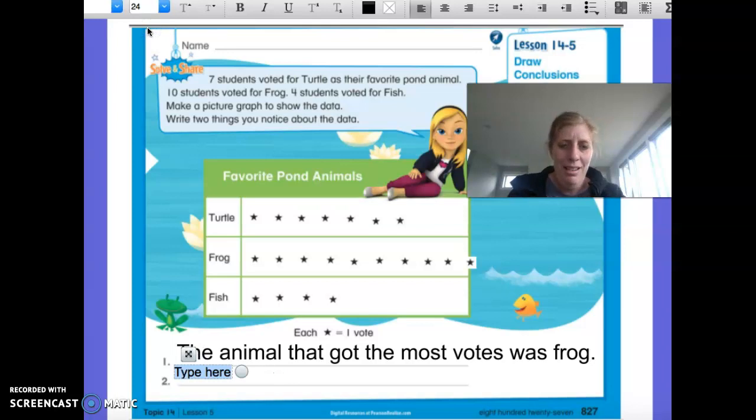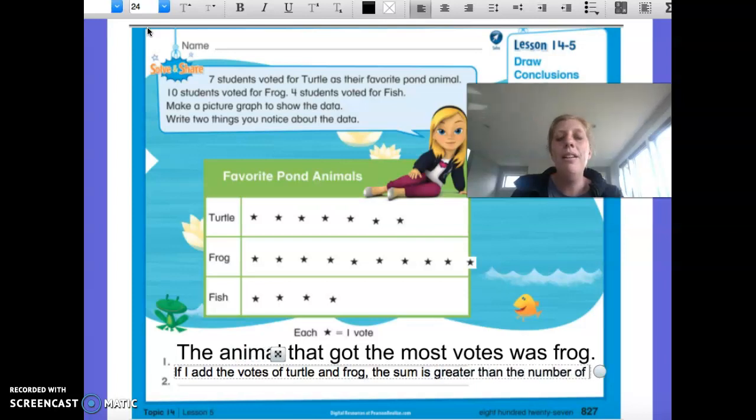So what I said, if I add the votes of turtle and frog, comma, the sum is greater than the number of votes for frog. I just realized my mistake. Did you realize my mistake already? You're probably shouting at your screen right now.